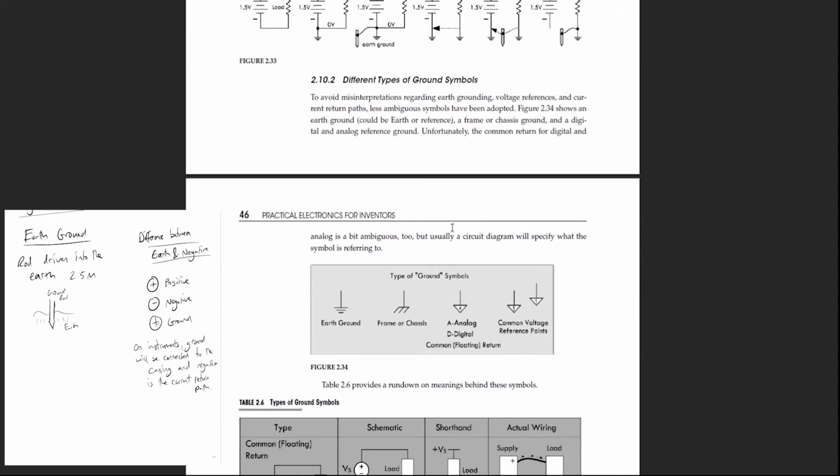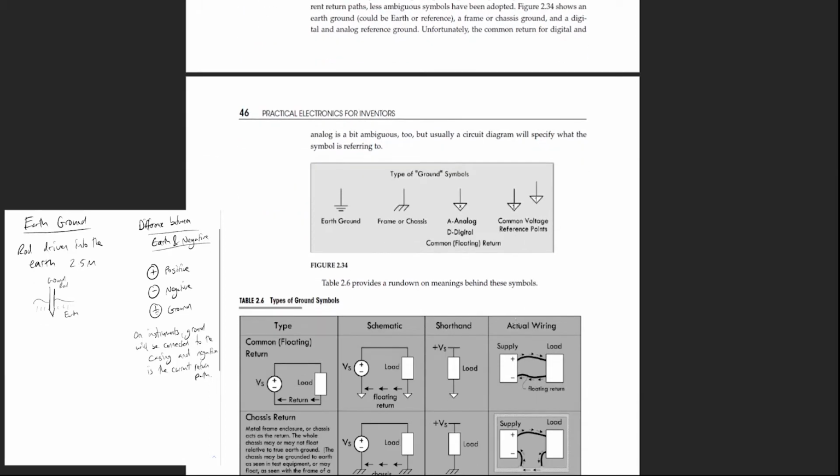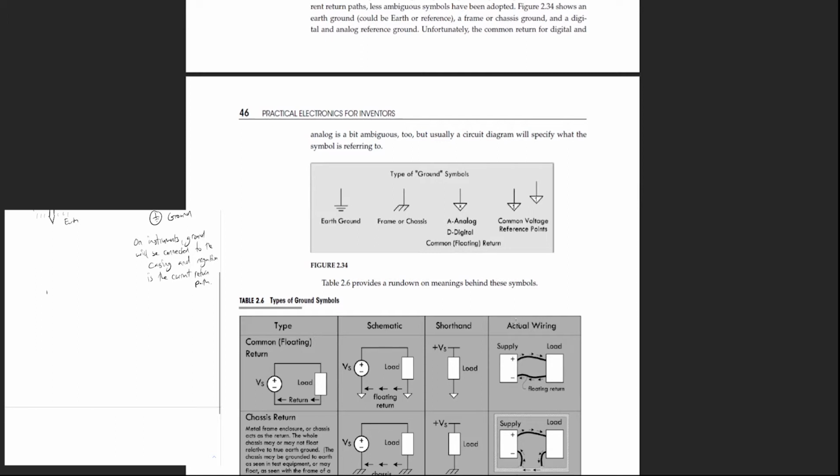Different types of ground symbols: earth ground, frame or chassis, analog, digital, the common floating return, common reference, voltage reference. You've got earth. And then you've got chassis. This is like what's in a car, right?